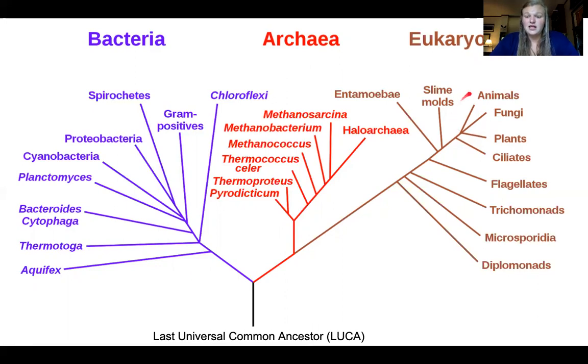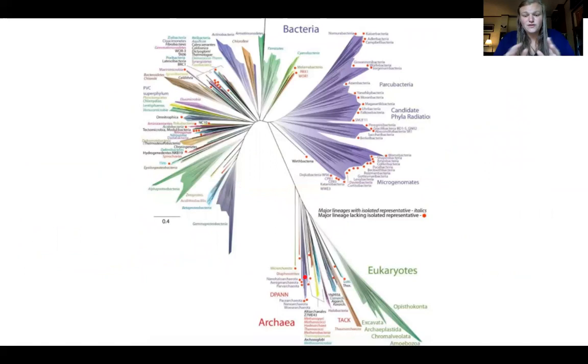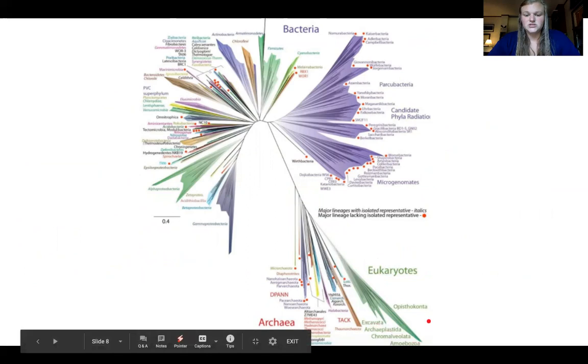And so you can tell how related things are and how they came to be over time. We have since made much more involved versions of this tree of life, this phylogenetic tree. And you can see here that eukaryotes are this small little branch here.